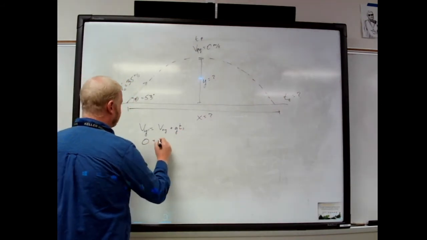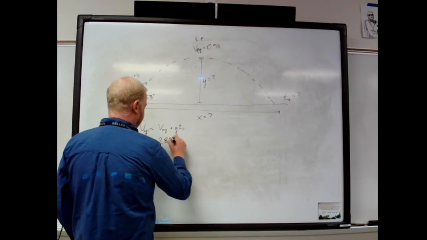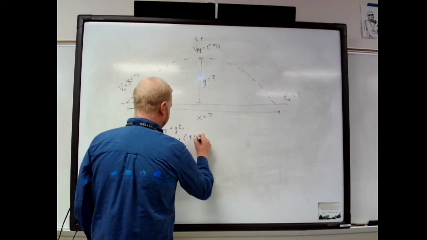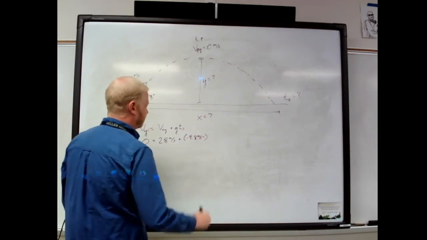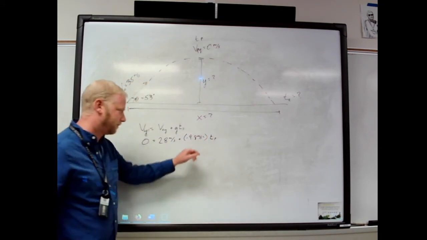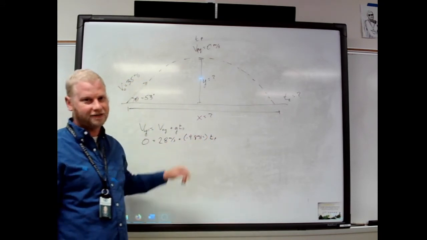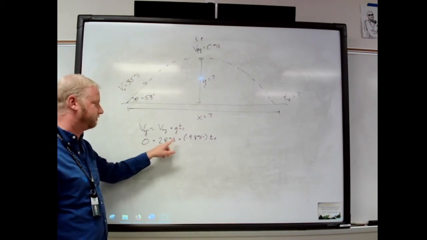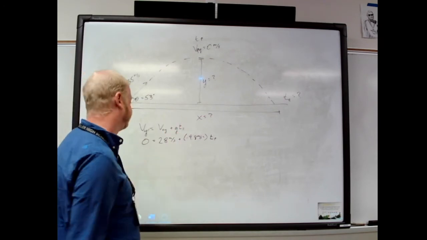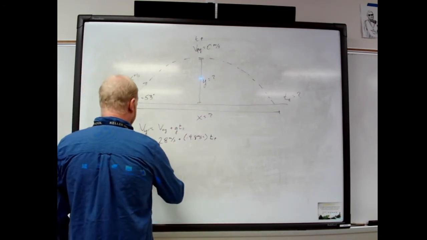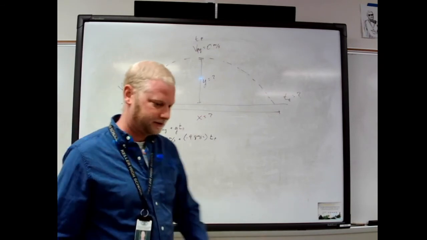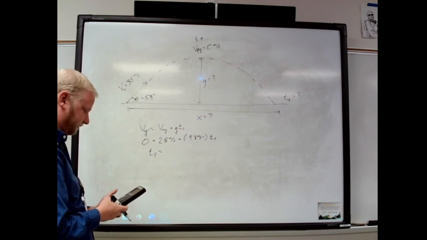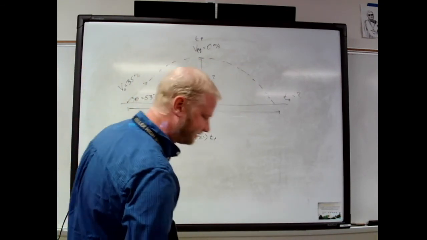So 0 is equal to 28 meters per second plus negative 9.8 meters per second squared times your peak time. Alright, remember, your acceleration due to gravity is always a downward vector. It's got to have a negative here. Your initial vertical velocity is an upward one, so it's positive. So let's go ahead and solve that out. So 28 divided by 9.8 gives us a peak time of 2.86.